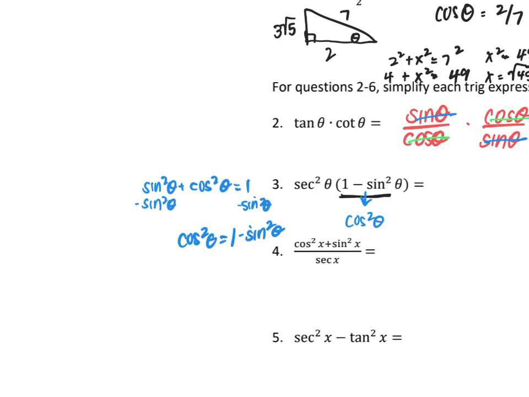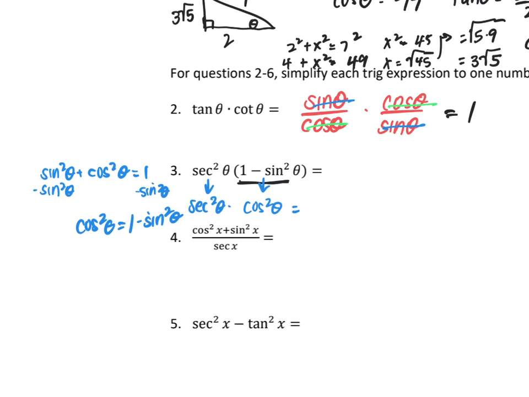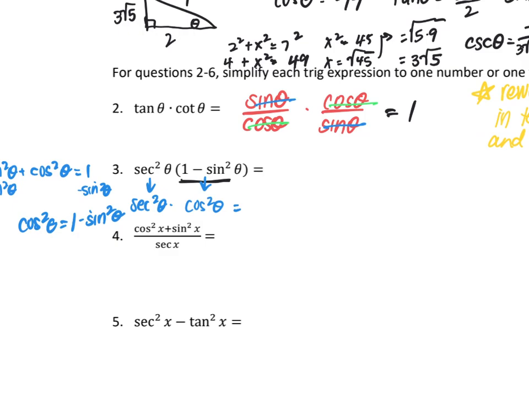Okay, and then I'm going to bring this down. And then let's rewrite secant squared. Secant squared theta is just 1 over cosine squared theta times cosine squared theta. Whoa, that ends up equaling 1 as well.